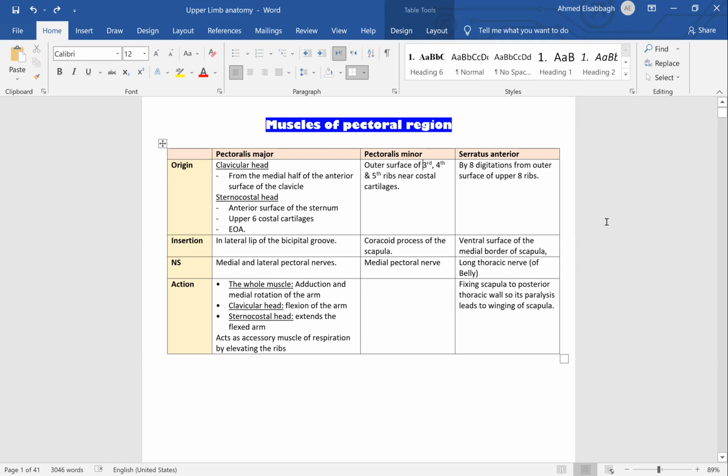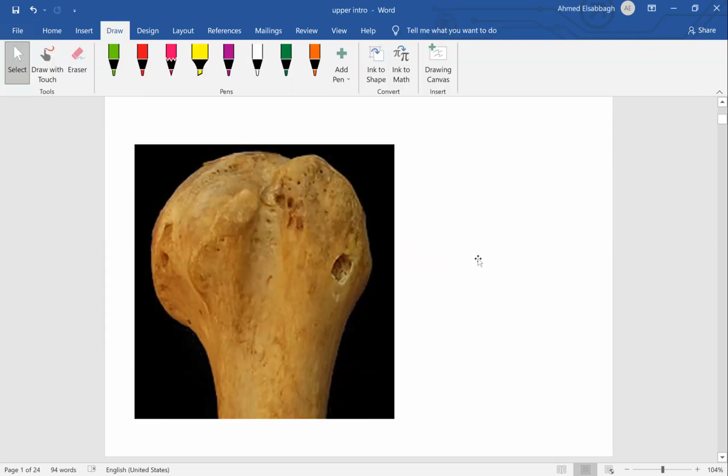Now we will start our lecture with the muscles of the pectoral region. Before starting with the muscles of the pectoral region, we will ask ourselves three questions. Please look with me at this picture.